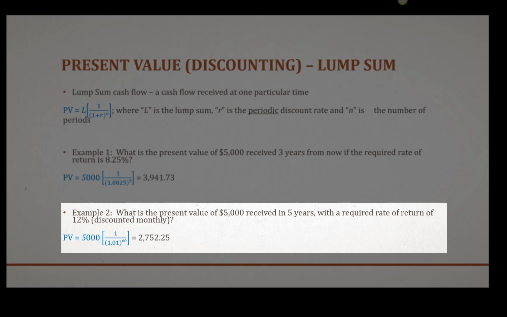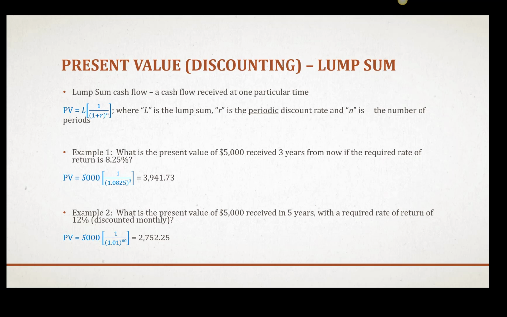So in this case, we're going to take $5,000 and divide it by 1 plus the periodic rate, so 1.01, and then raise that number to the nth power, the number of periods power. So in this case, 5 years times 12 months per year is going to be 60. So we raise 1.01 to the 60th power, divide 5,000 by that number, and we would get a present value of $2,752.25.